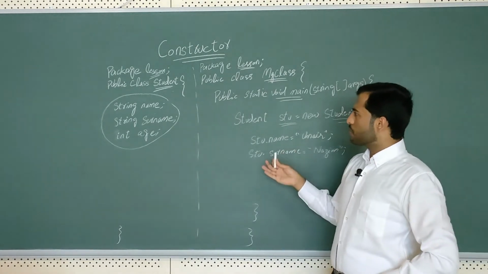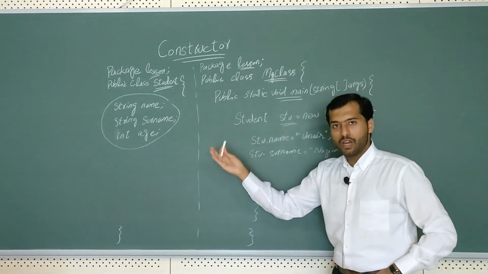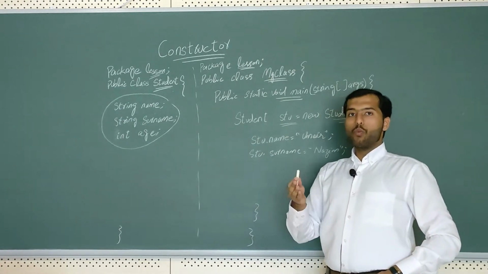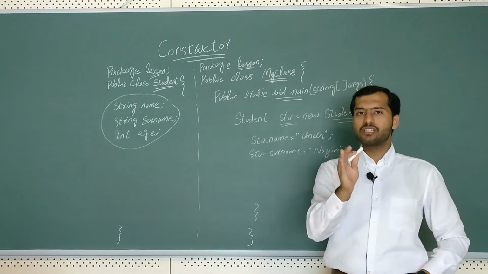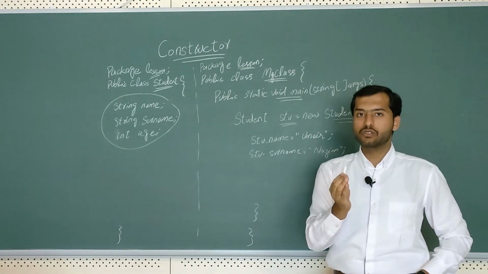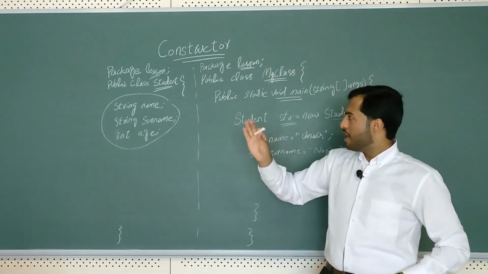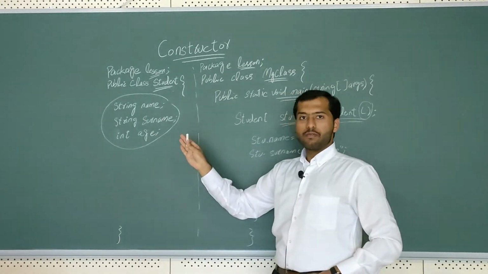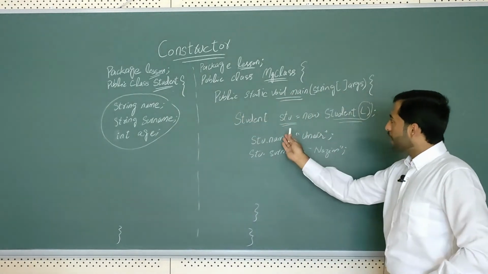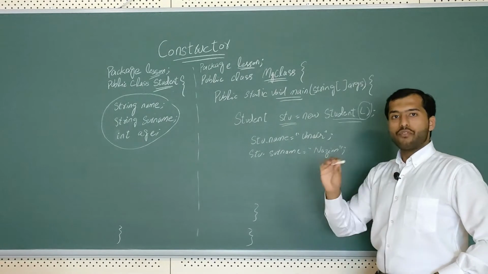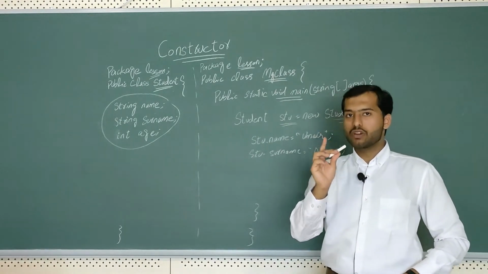A constructor is used to initialize the values, and also, when your program runs, the first thing that will execute is the constructor. So if you make a constructor in your class, when you run that class in the void main method, the first thing it will execute is your constructor.